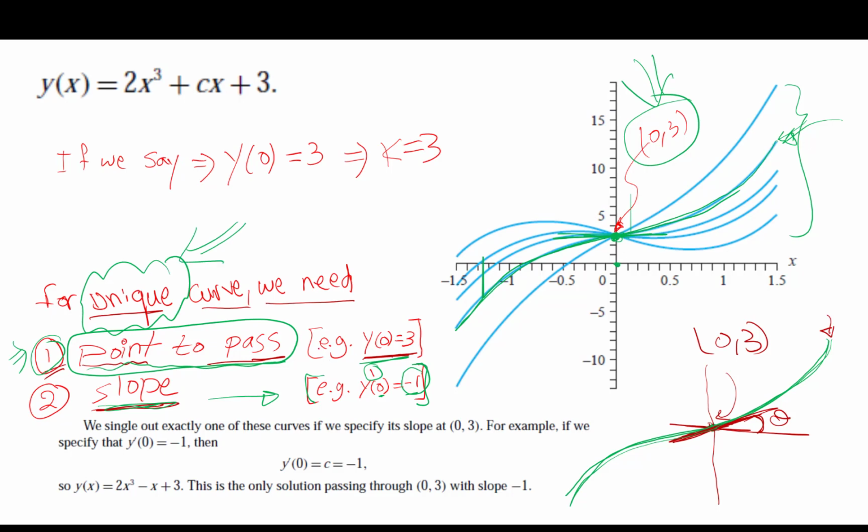So we need to put another initial condition, which is going to be based on the slope. The slope means that we are talking about y prime.